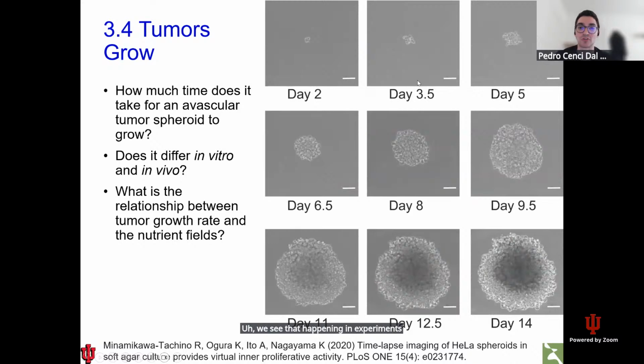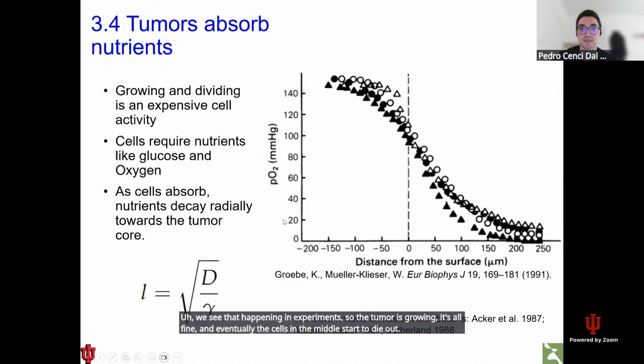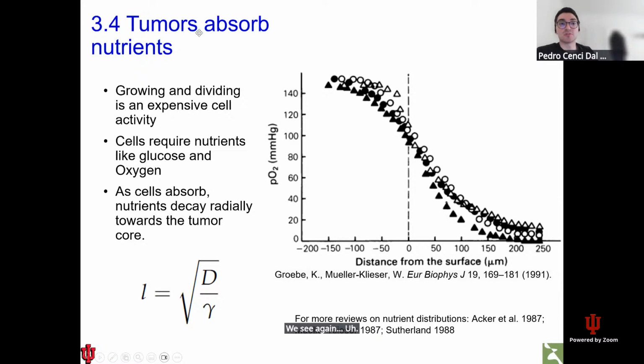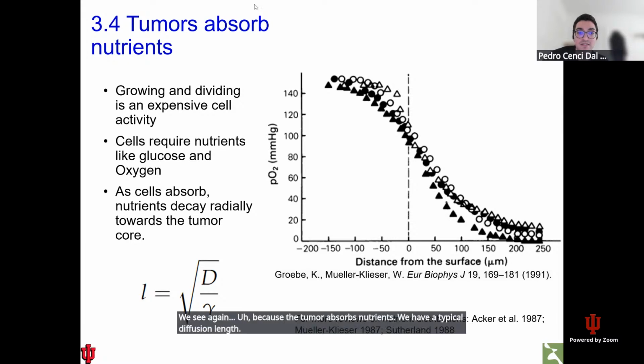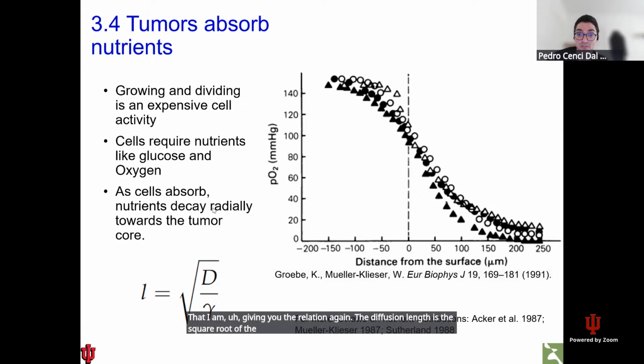So the tumor is growing, it's all fine, and eventually the cells in the middle start to die out. We see again, because the tumor absorbs nutrients, we have a typical diffusion length that I am giving you the relation again. The diffusion length is the square root of diffusion over decay constant.